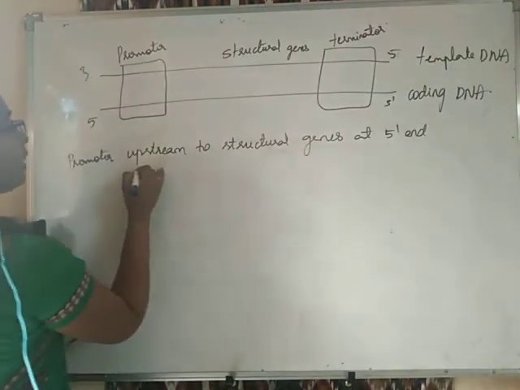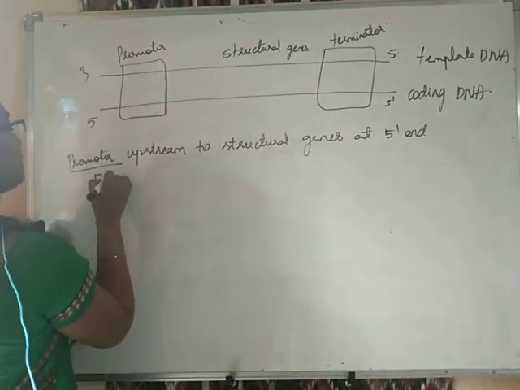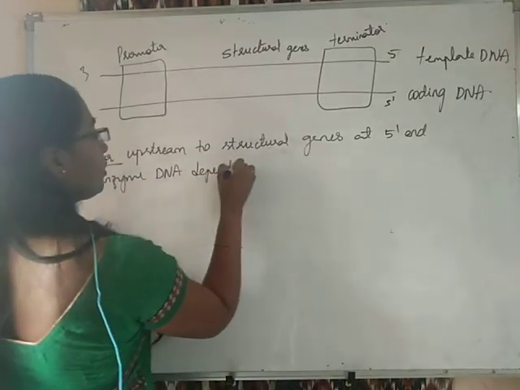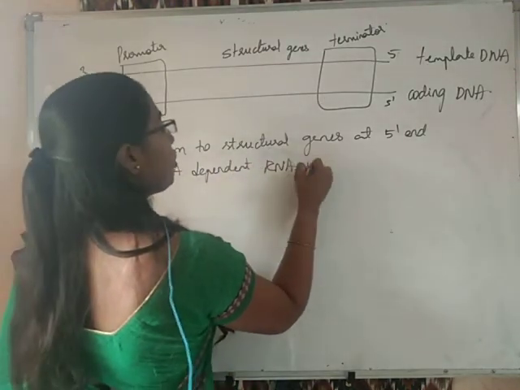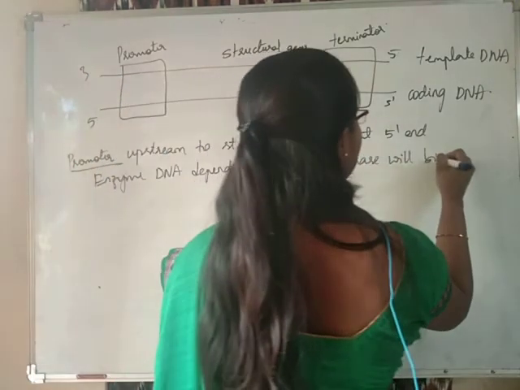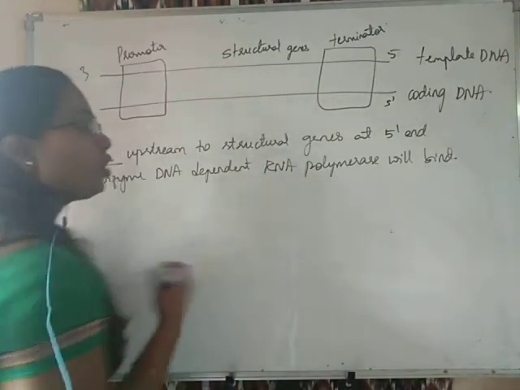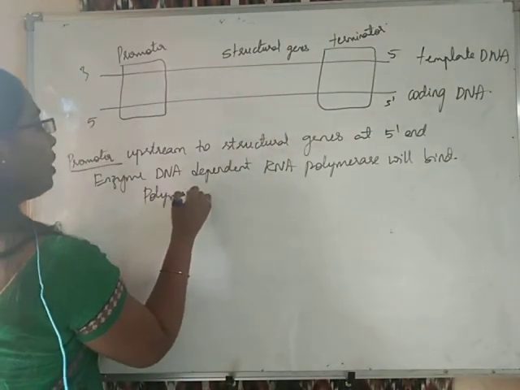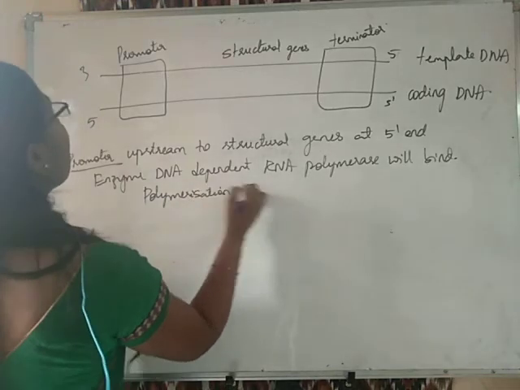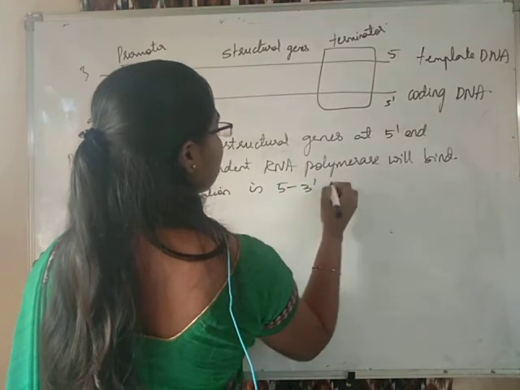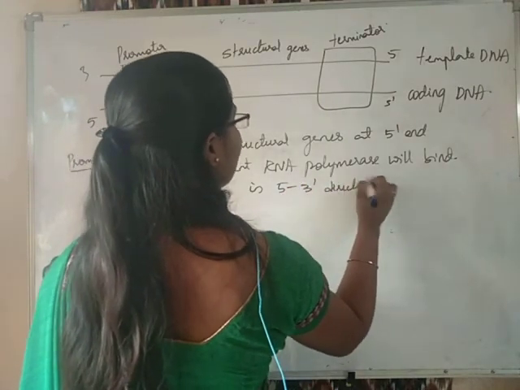At the promoter region, the enzyme DNA dependent RNA polymerase will bind, okay, and it will continue to perform polymerization in 5' to 3' direction, okay.